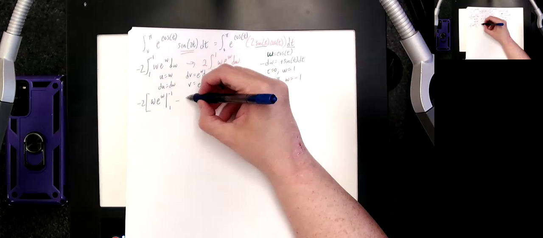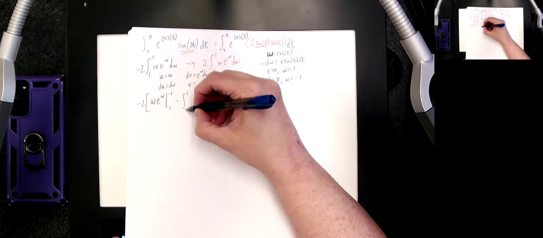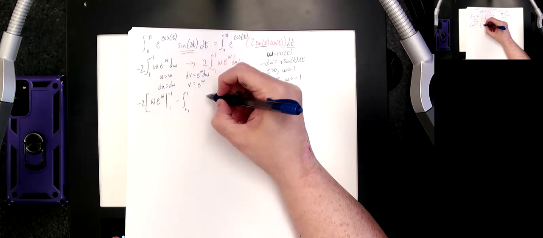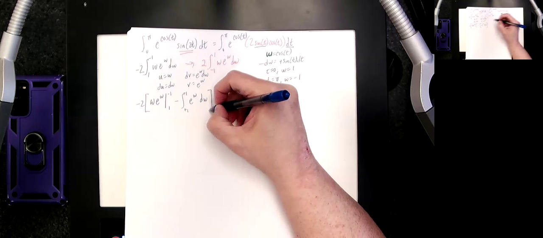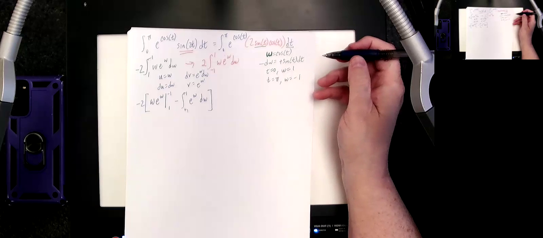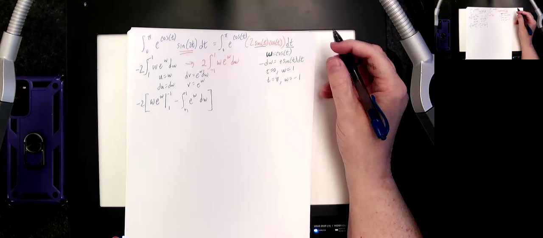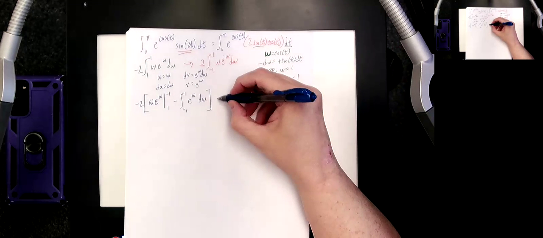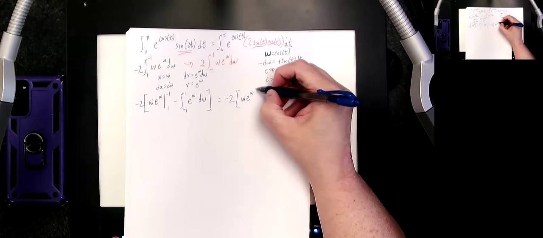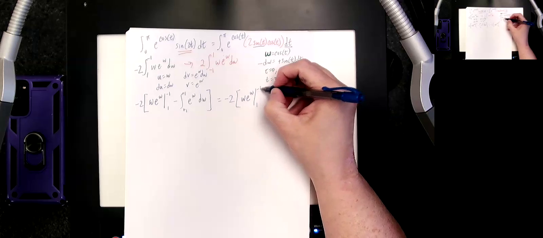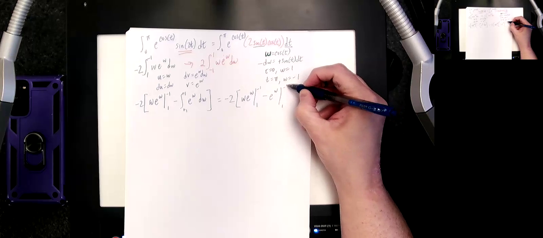Minus the integral of V du. -1 to, I got these backwards. 1 to -1, there we go. e to the W dW. So if I finish integrating, we have minus e to the W from 1 to -1.